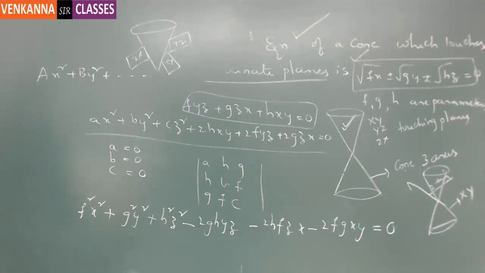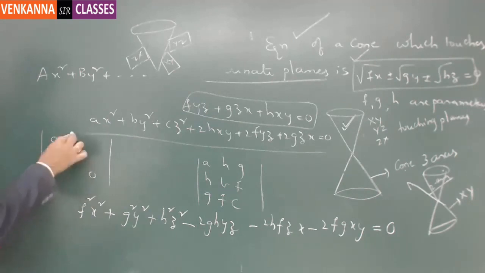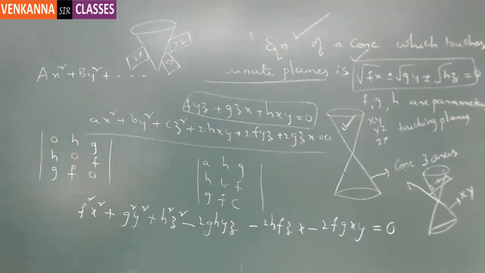Simply taking the values from it. So if you substitute the values in the determinant, the a, b, c values are 0, h is h, g is g. If you consider the cofactor of A, it will be minus f square. Accepted? Agreed?